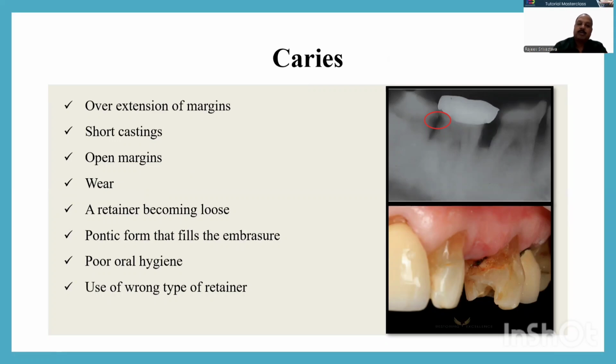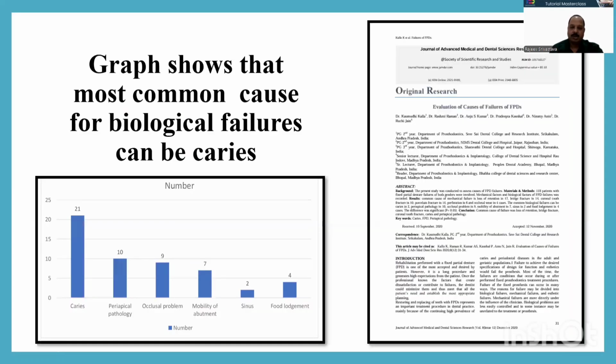Then pontic forms that fill the abrasion, where the patient cannot clean that area properly, again lead to accumulation of food, causing root caries and caries in the embrasure areas. Then poor oral hygiene and use of the wrong type of retainers. As you can see in this graph, the most common cause of biological failure is caries.